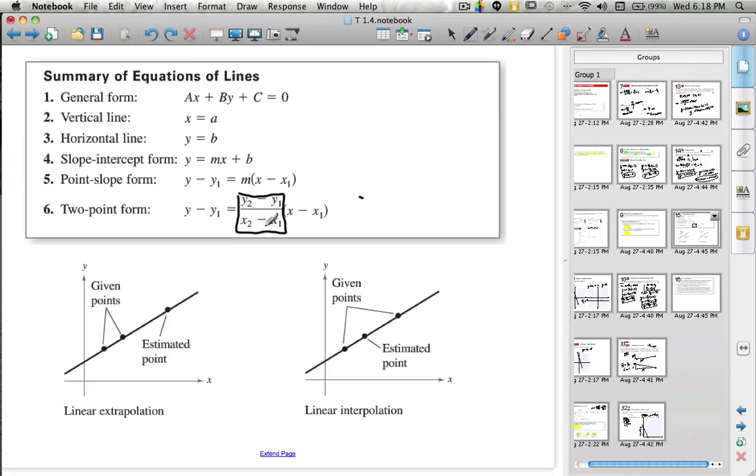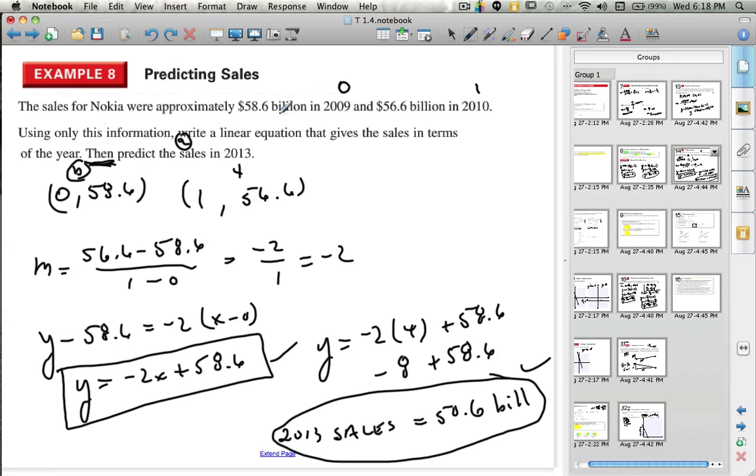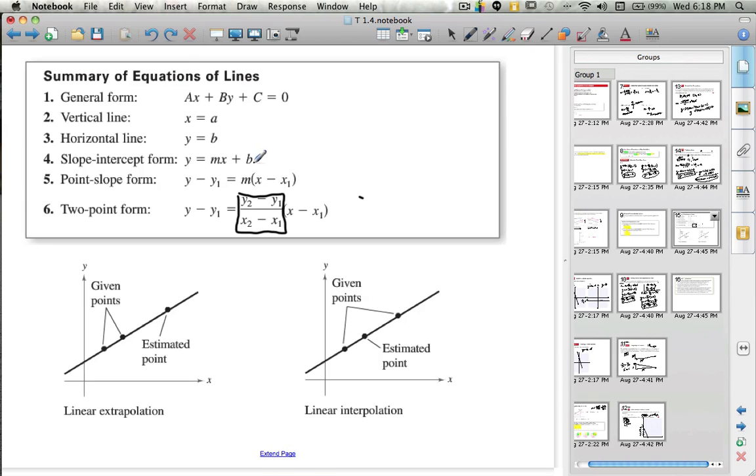And one thing that can happen is when we use our line to predict something that happens outside of our known information. That's what we did in this last problem. They told me the sales for 2009 and 2010 and wanted me to predict what would happen in 2013. They gave me these points, and they want me to predict what's happening out here beyond the points.